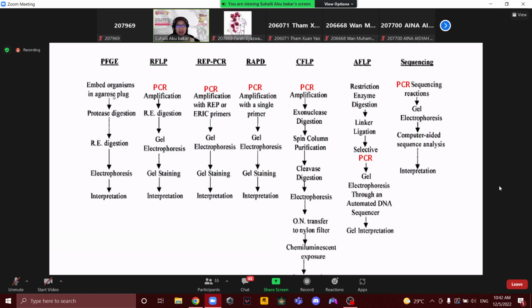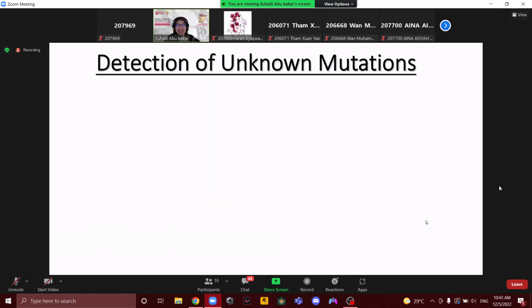RFLP, you see? This is after PCR. You want to separate the sizes nicely. This one is PCR. Can you see? Alright.